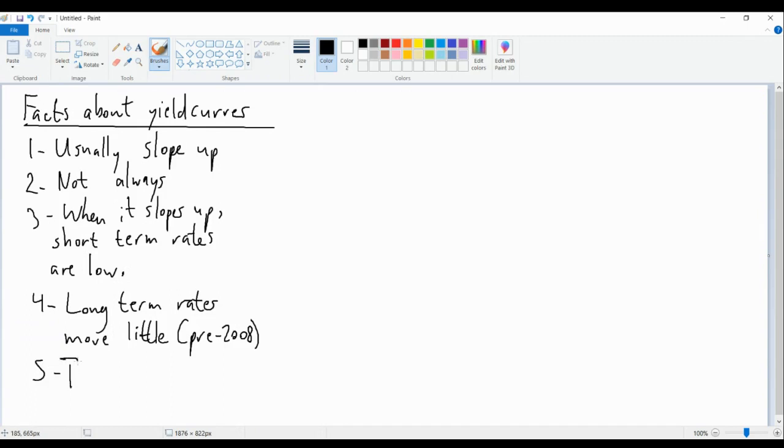And last but not least, the curve tends to move up and down as one. In other words, the interest rates tend to all rise or all fall together, even if most of the action is on the short-term interest rates.